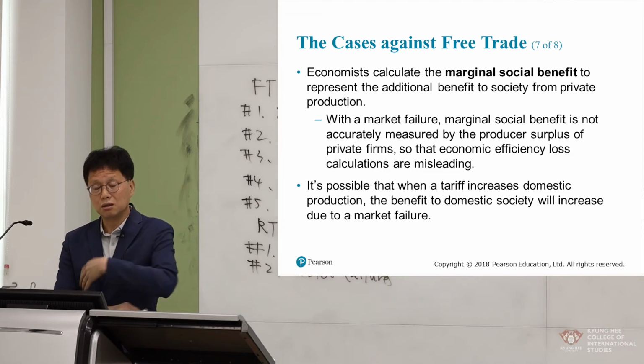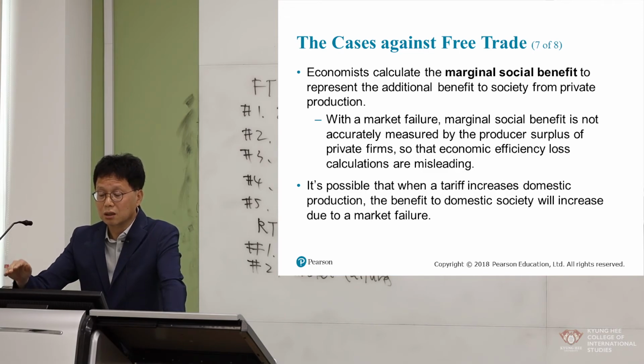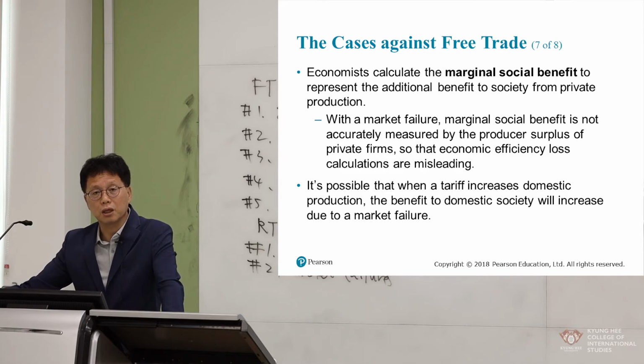Until now, think about marginal benefit, marginal cost, or marginal utility. Until now, we assume that this marginal utility or marginal cost equals social marginal cost or marginal social benefit.